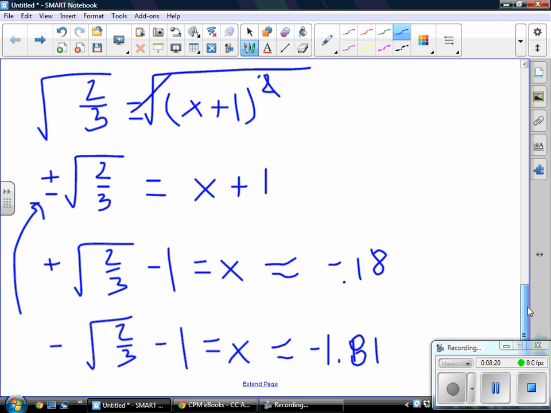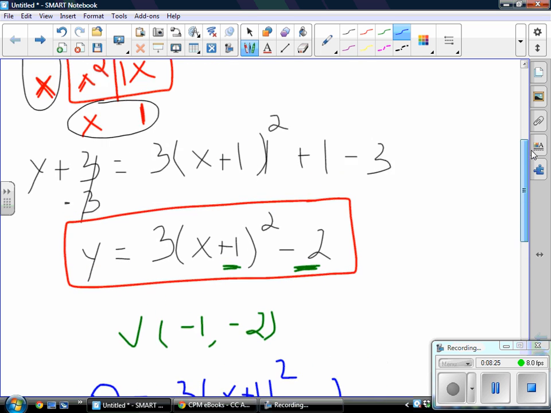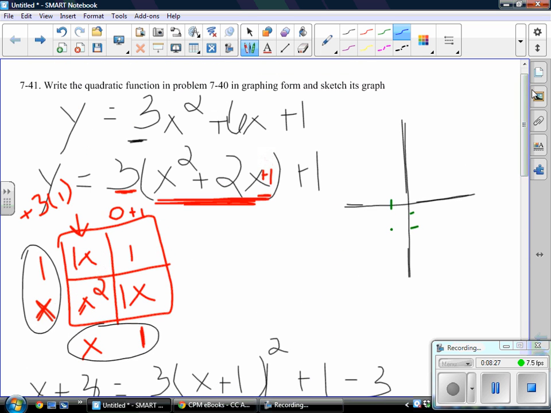So I have almost -2 for an x-coordinate, so say this is also -2, so maybe about there. And I have -0.18, so pretty close to 0. So now I connect these 3 points, and I can go up here. I really need 3 points to plot a parabola.